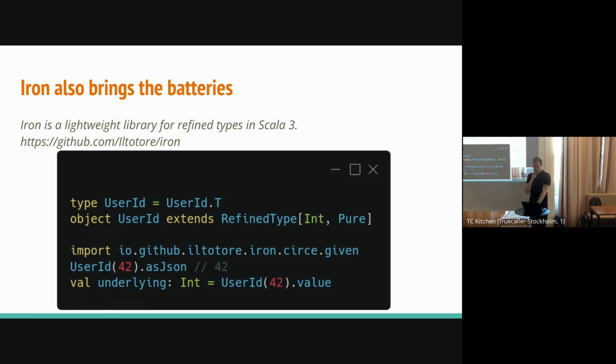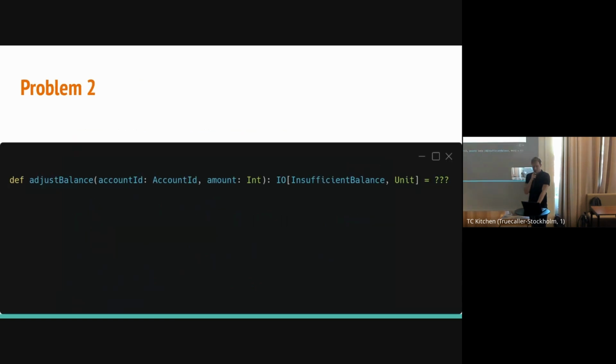Very similar. But yeah, you can use either of these to solve that problem with new types and not having to write as much boilerplate. Let's go to problem 2.